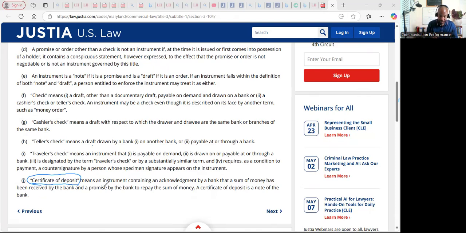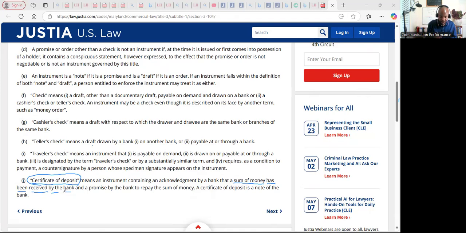Certificate of deposit means an instrument containing an acknowledgement by a bank that a sum of money has been received by the bank and, now they're talking about a deposit here, right?